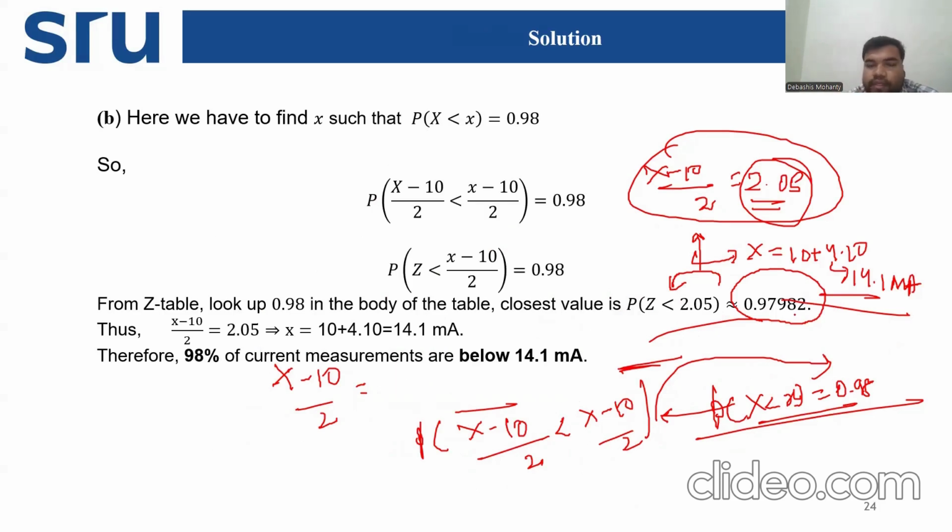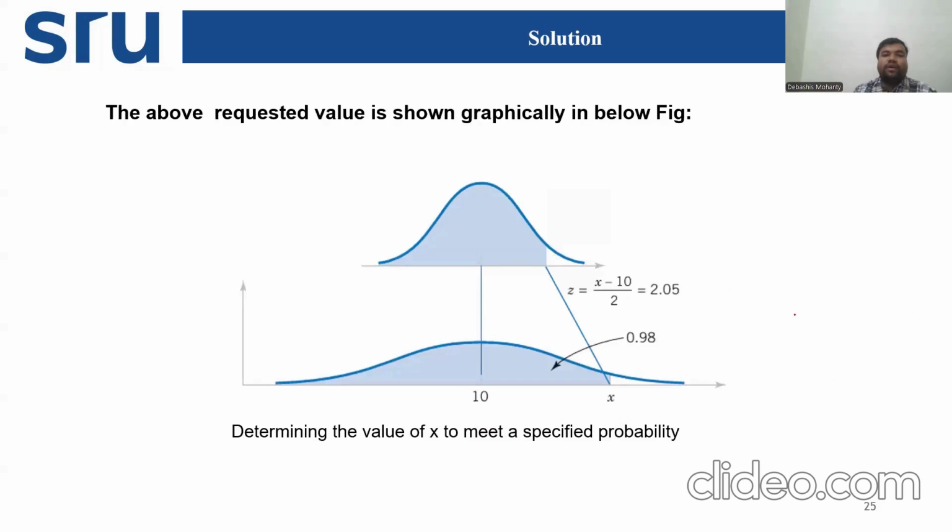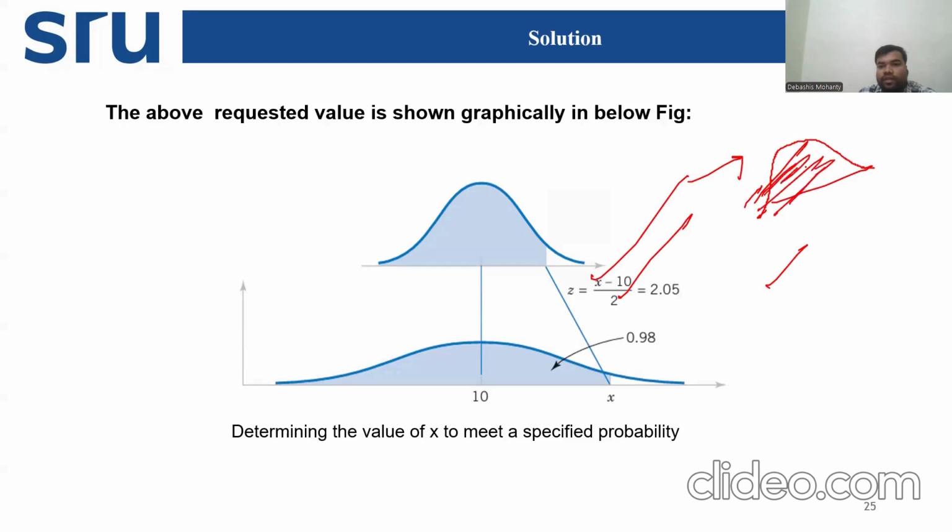Okay, students. This requested value is shown graphically in the figure below. The first graph explains z equals x minus 10 divided by 2. Here you can see how much is affected, up to this much, because this is 2.05.